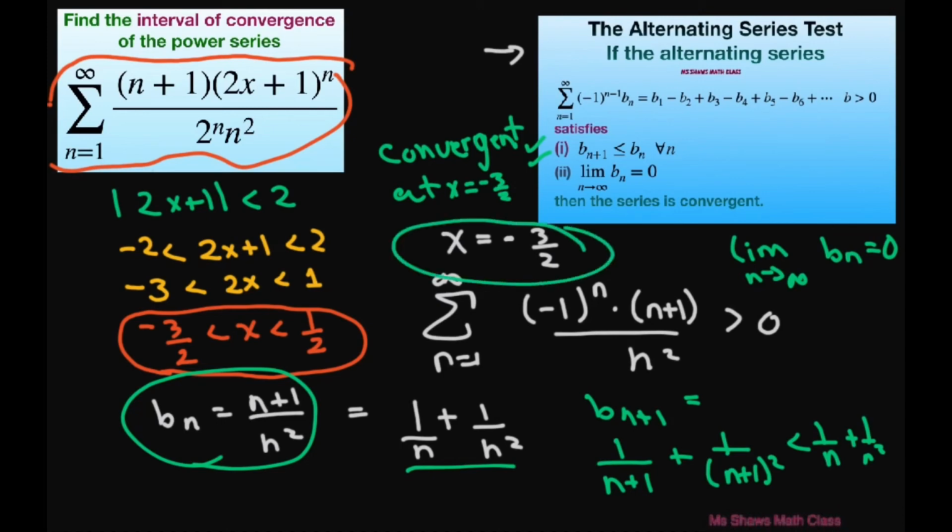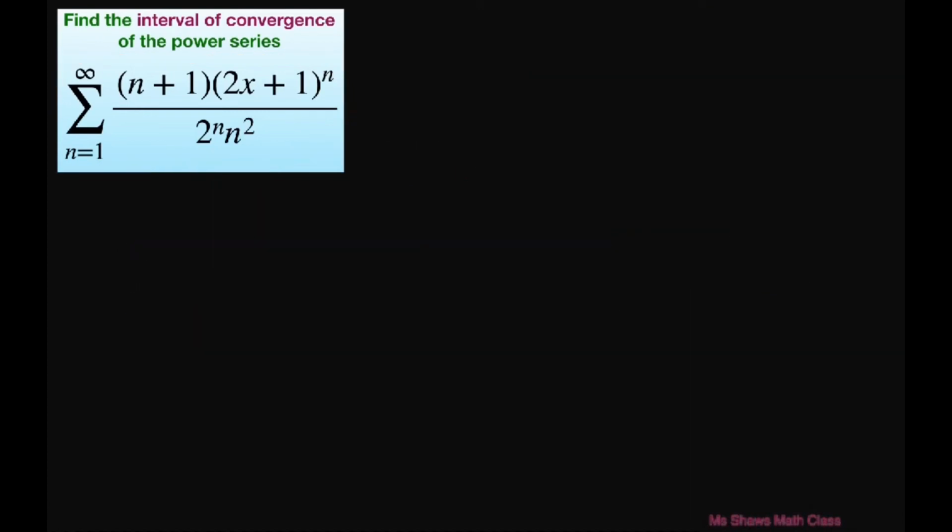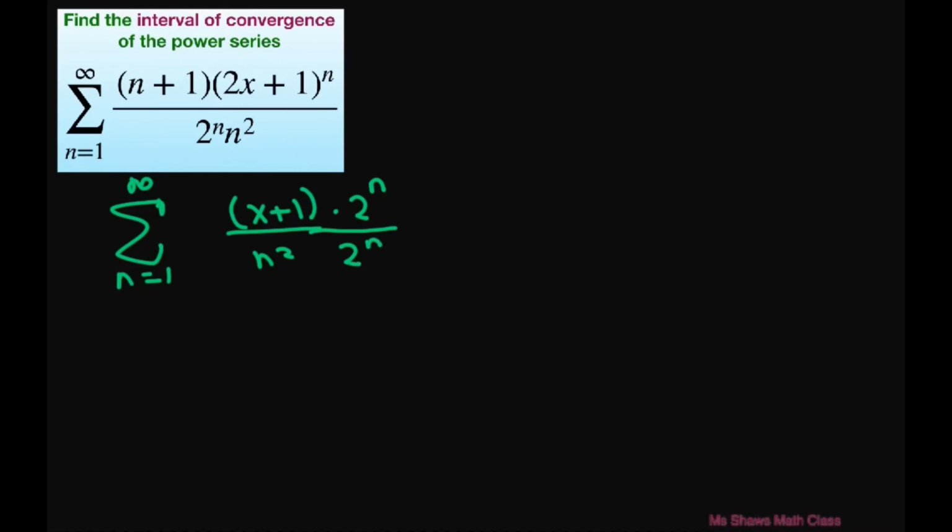All right here. Sorry about that. All right, now let's test 1/2, the other endpoint. So for that, we're going to take the sum from n equals 1 to infinity, and what we're going to get is n plus 1 divided by n squared, and then the numerator is going to have 2 to the power of n divided by 2 to the power of n. Now this cancels out.